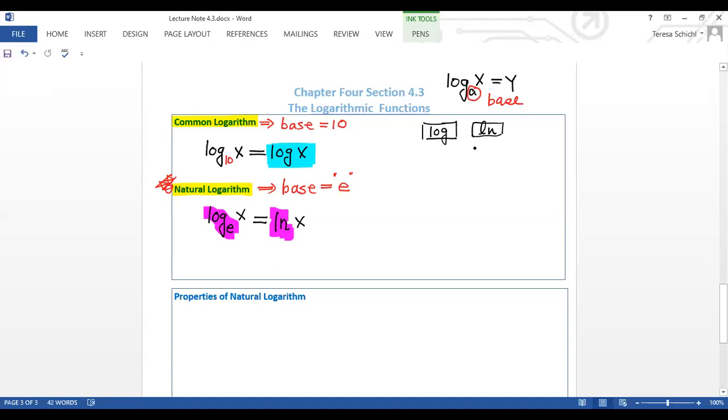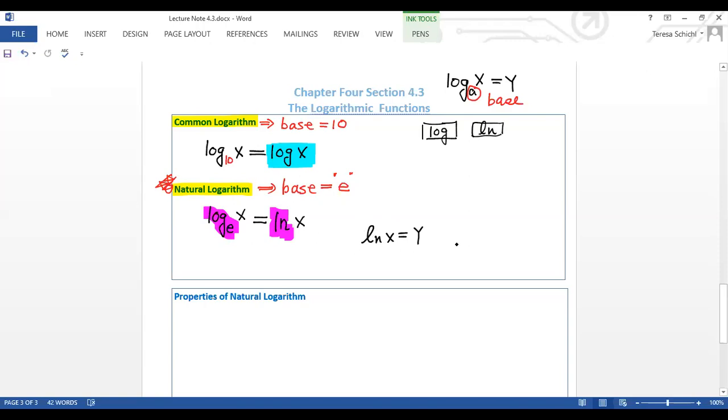So when you see the ln key, that means the base is e. A lot of the time you see, say, the natural log of x equal to y. What does that mean? It's the same, because I know the natural log has base e.